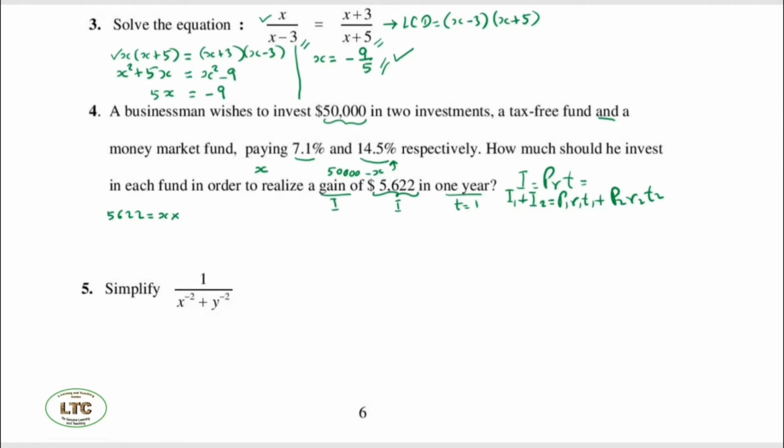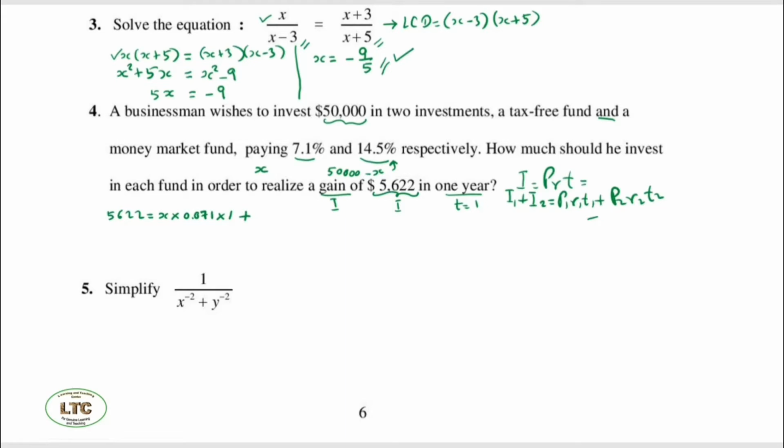Now X times 7.1% is 7.1 divided by 100. Therefore, this is 0.071, R1. T1, 1 year.